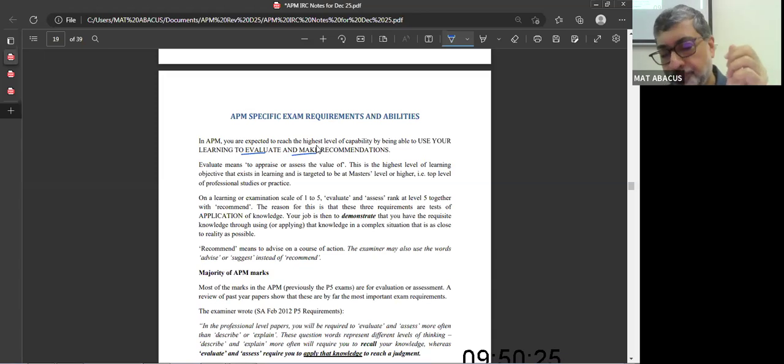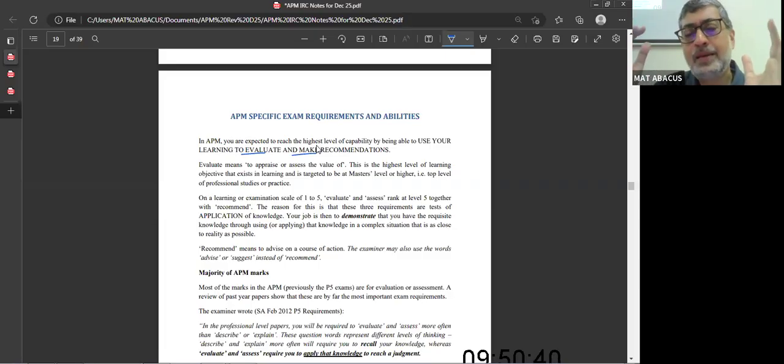Now, the second issue that then arises is if you use your knowledge, some students say, okay, I understand that I'm supposed to apply the knowledge, but then they still fall into a trap whereby the first few paragraphs, which is not totally wrong to do, they start explaining the knowledge.